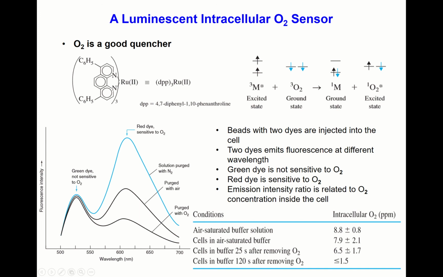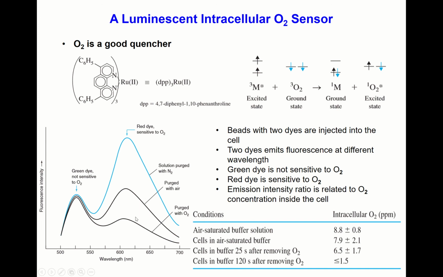It slightly decreases, but if you measure the inside cell concentration after 120 seconds, here you see a big difference. The oxygen concentration inside the cell is only less than 1.5 ppm. Why? Oxygen is removed by the cell; it is consumed.